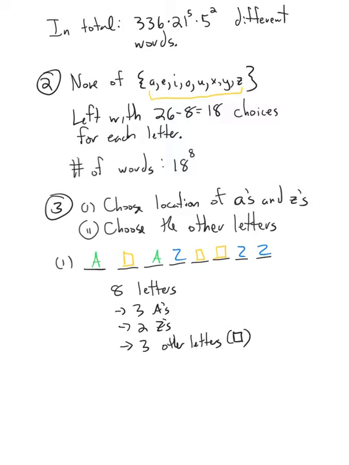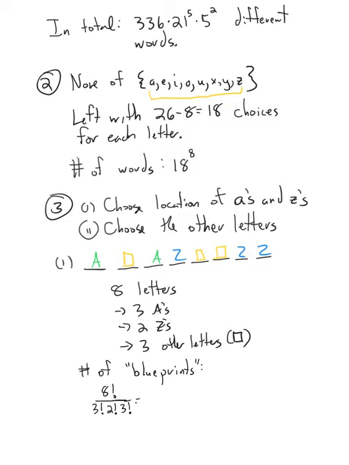Okay, so let's count how many there are. So number of blueprints, because we'll have to choose what goes in the squares next. Well, we have 8 letters in total. 3 of them are A's, 2 of them are Z's, 3 of them are squares.